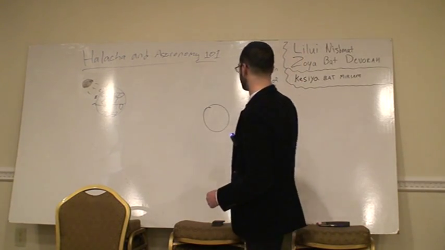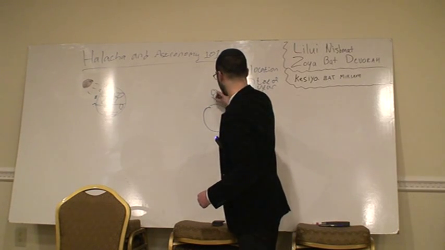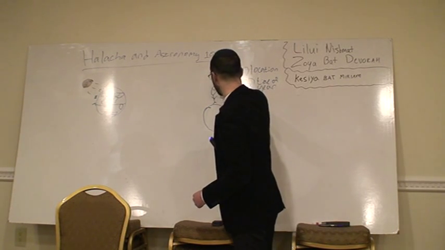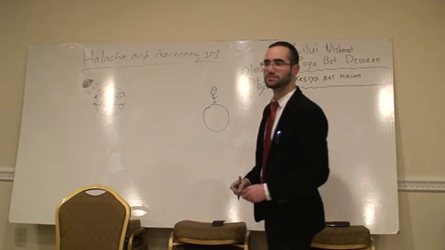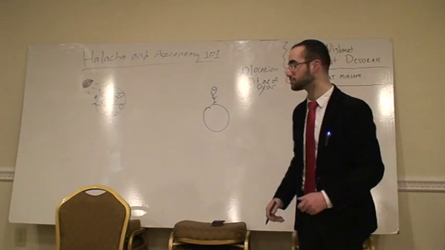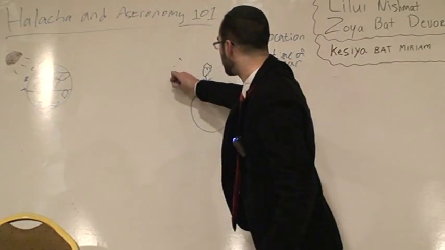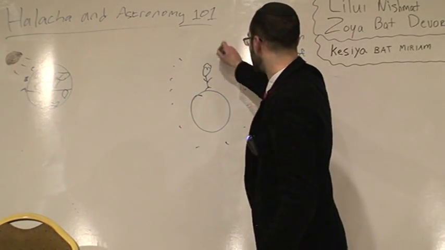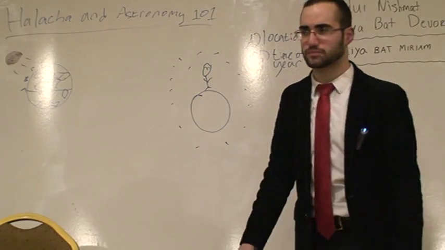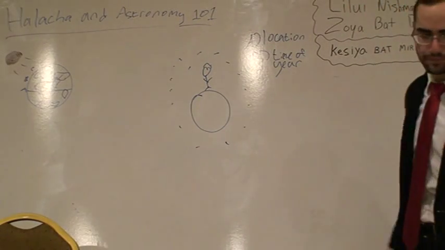Take, for instance, a person that's standing on the surface of the earth. I'm going to give him a nice kippah over here. Standing on the surface of the earth. And we know above the earth we have countless constellations, stars surrounding him, all around him, all around the earth.